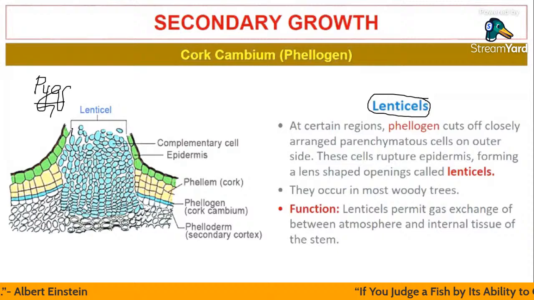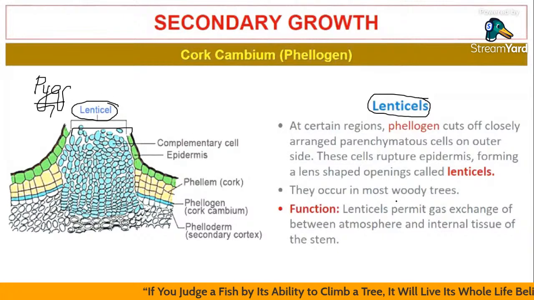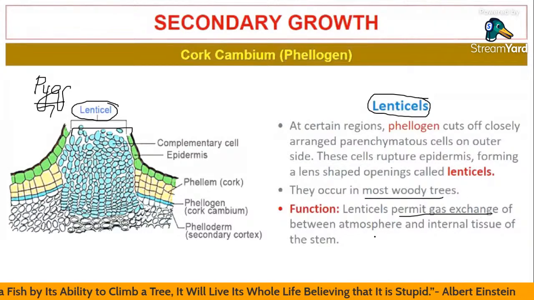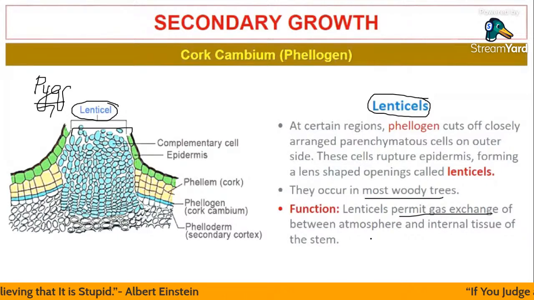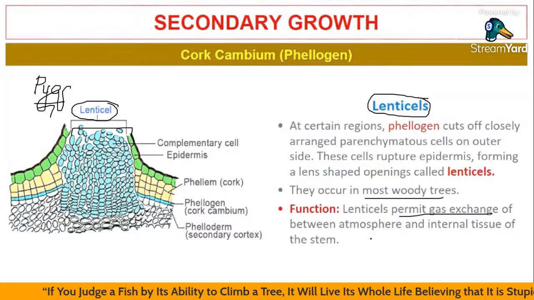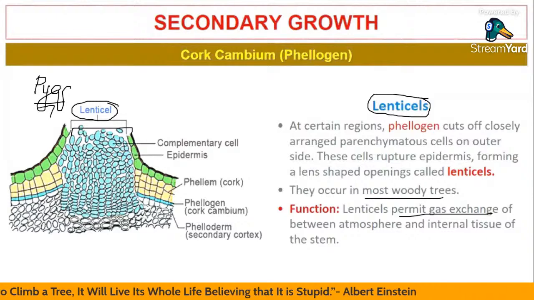These cells rupture and form lens-shaped openings called lenticels, which occur in most woody trees. They help in the process of gaseous exchange. Clear, everyone? Yes.